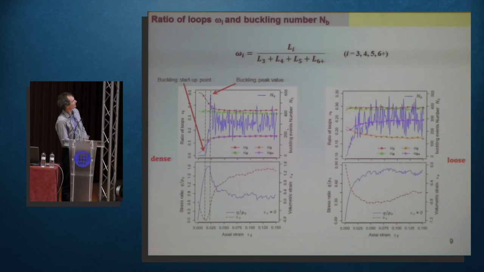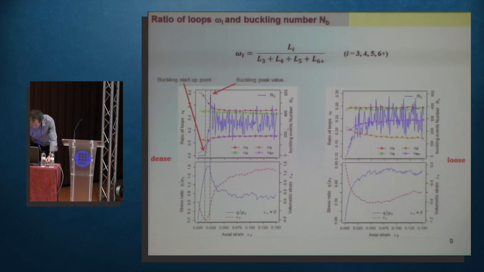What do we observe? We observe in red that the number of loop 3, that is to say the loops containing 3 grains, is decreasing up to a plateau. On the contrary, this is the purple curve. You see the purple curve is increasing. I can show you with my mouse. You have the curve increasing. This is the number of large loops.